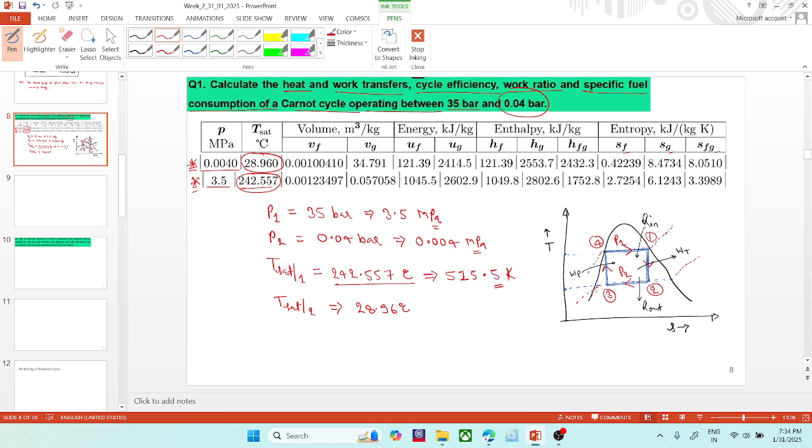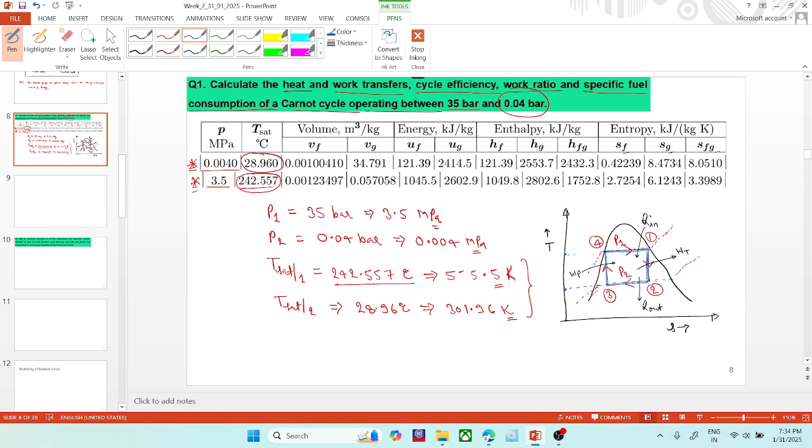I am leaving the extra terms after the decimal point, and this value would be 301.96 Kelvin.